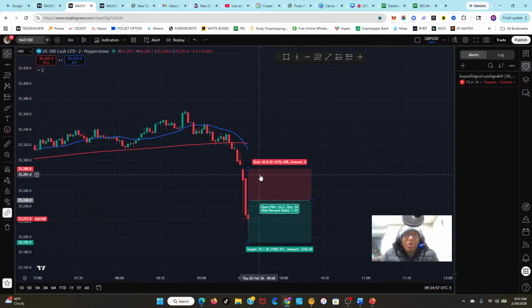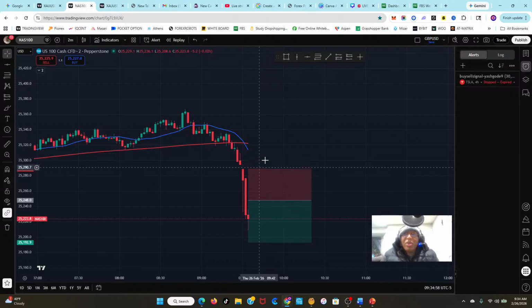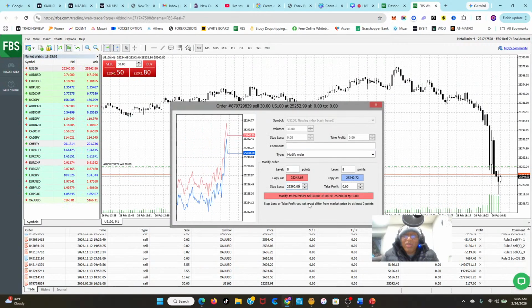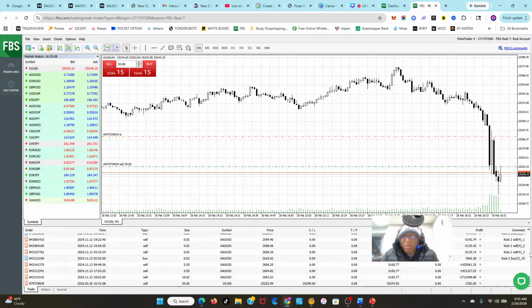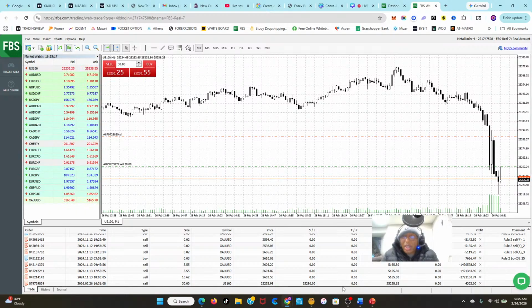So our stop loss, again, we said it's right there, so we put our stop loss at 25,290, and we're just gonna monitor the trade. It does have a stop loss now. So we're just gonna monitor this trade.